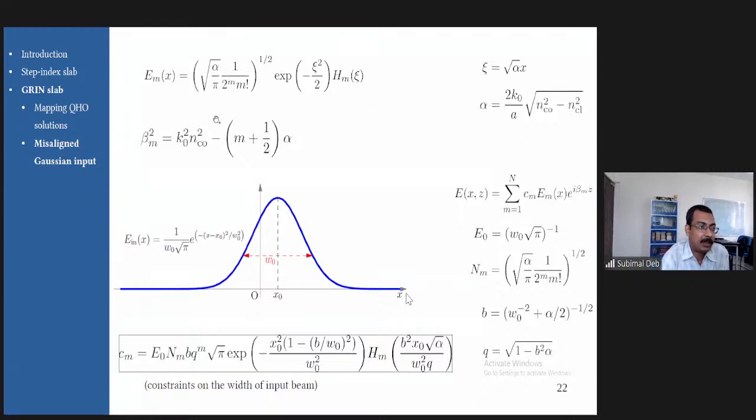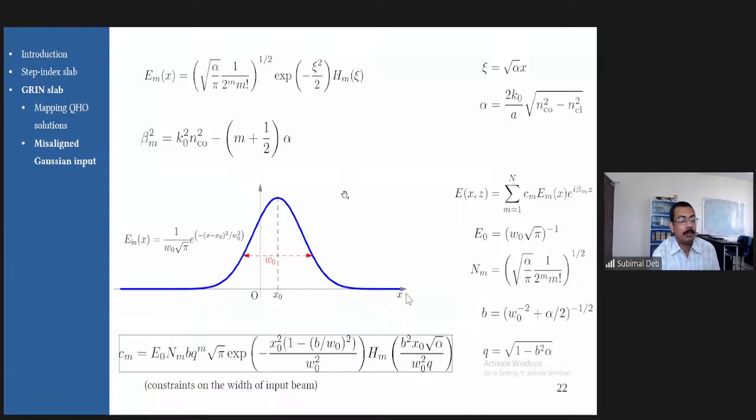In terms of that, I have written down the eigenmodes and the propagation constants. So if you rewrite the expression for the input, which could be off from the center of this parabolic index fiber, I would write it in this form as long as it is being injected at its waist.